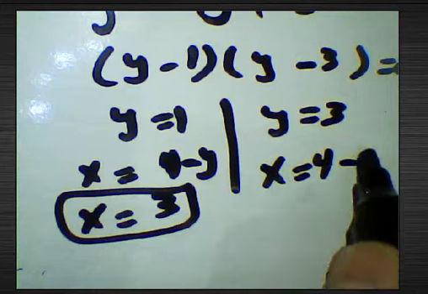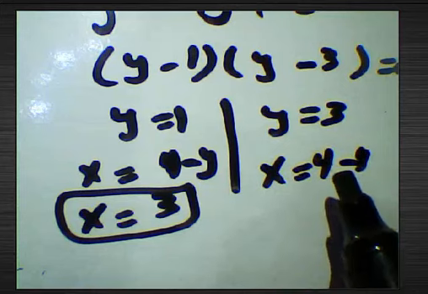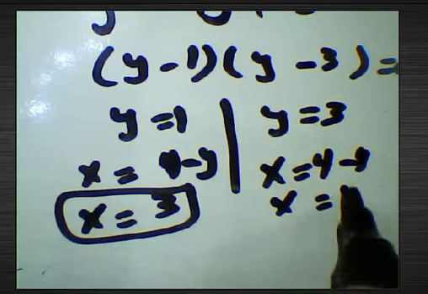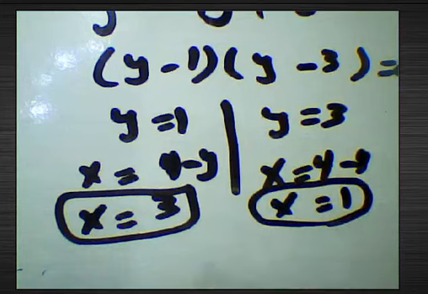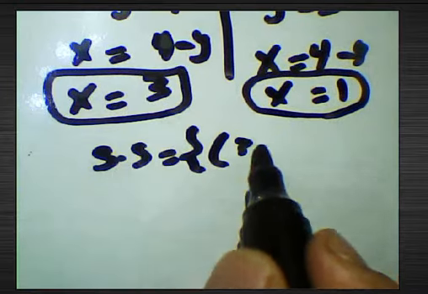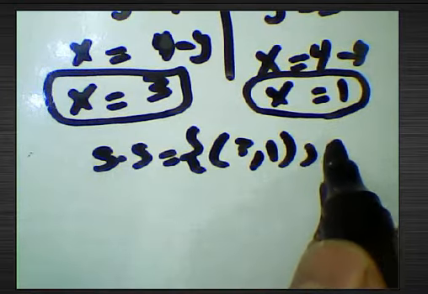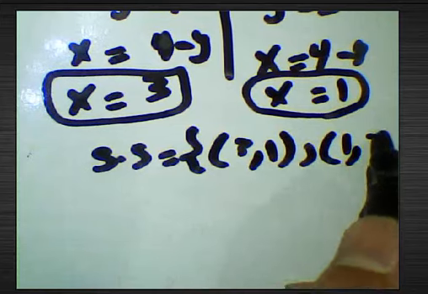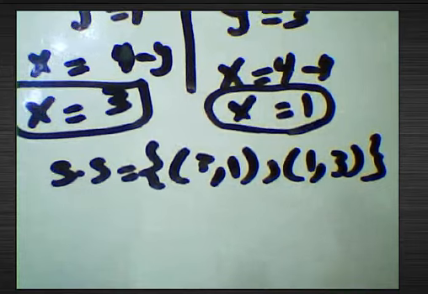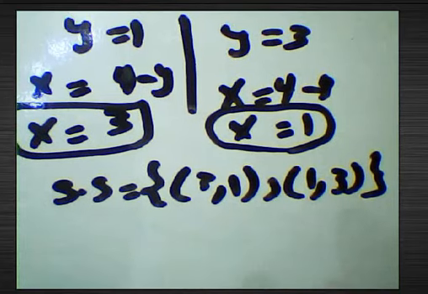And x equals 4 minus y, 4 minus 3 equals 1. Then x equals 1. So the solution set is (3, 1) or (1, 3). We have 2 points for this example: (3, 1) and (1, 3).